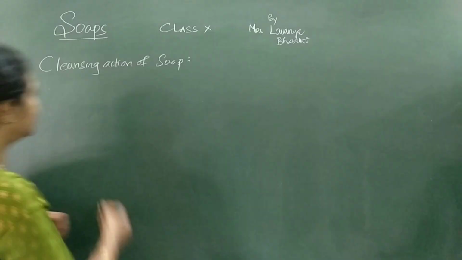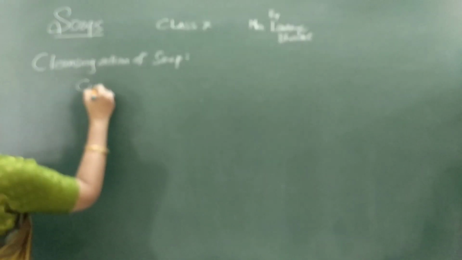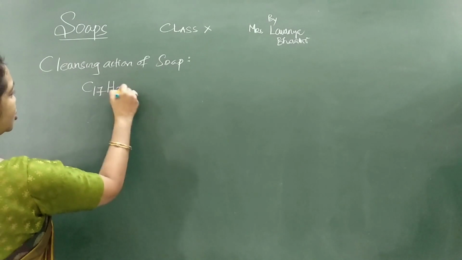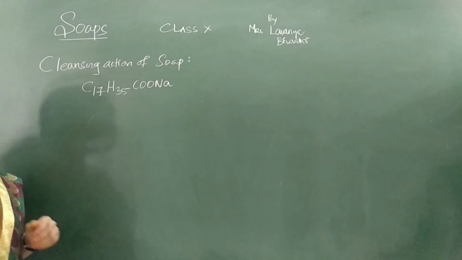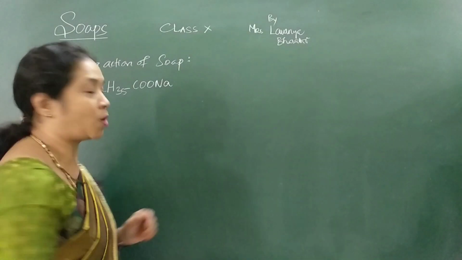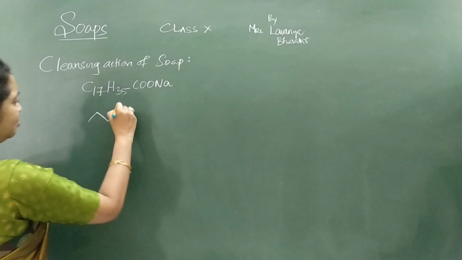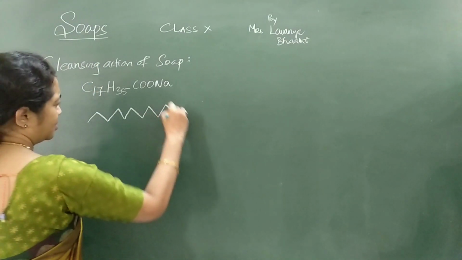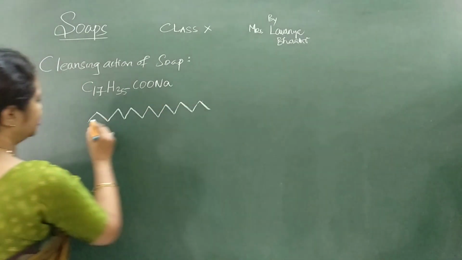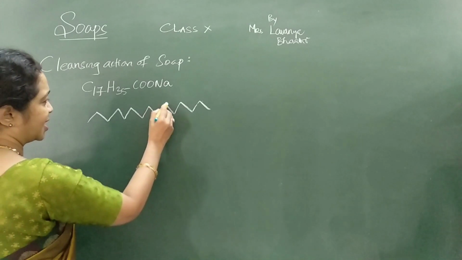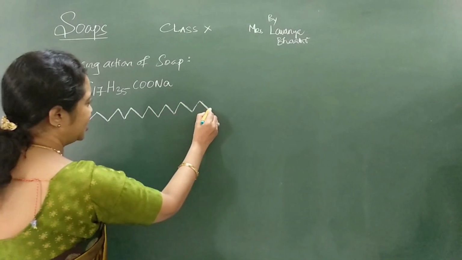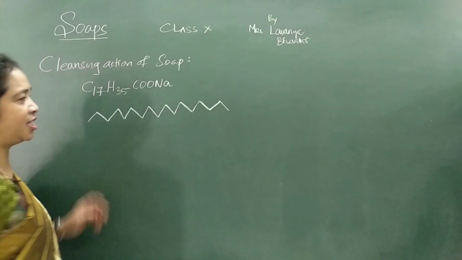So here we go. The formula of soap is C17H35COONa. And you can also represent the formula with a one-line structure. So here I'm drawing a curved notation. 1, 2, 3, 4, 5, 6, 7, 8, 9, 10, 11, 12, 13, 14, 15, 16 and 17.